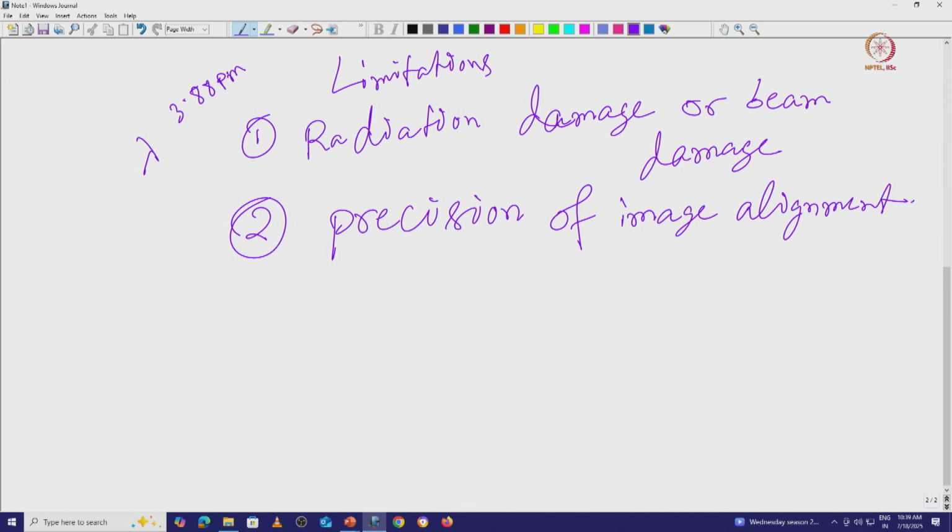When the wavelength is shorter and shorter, it has a lot of energy, and that energy can break the covalent bond. Most of the time when we are collecting our data, we are giving a long exposure, and it may break the covalent bond, it has that kind of energy.